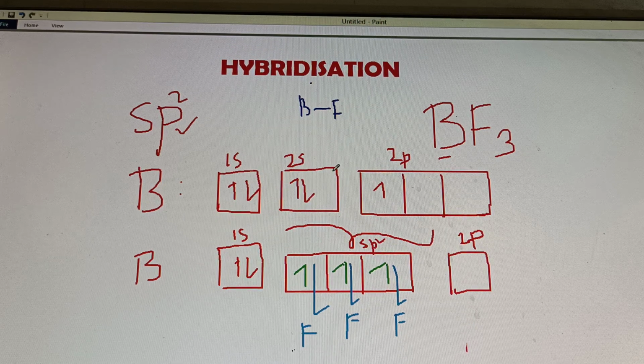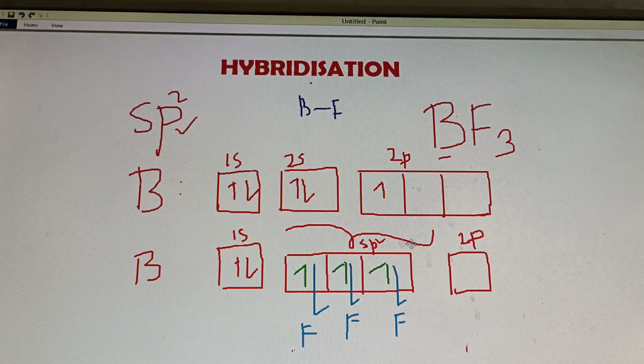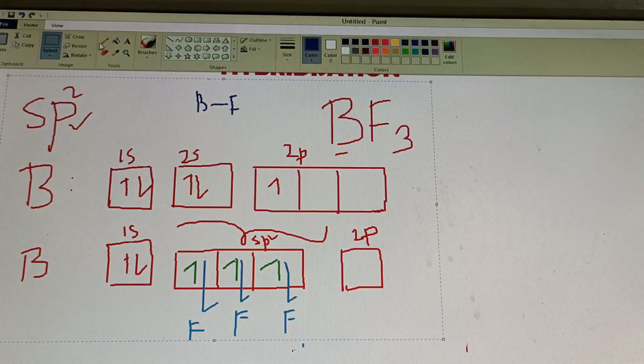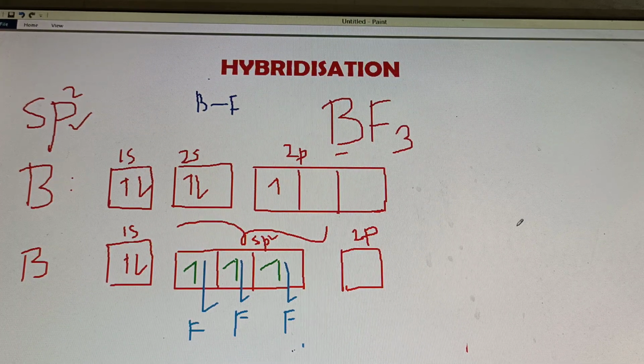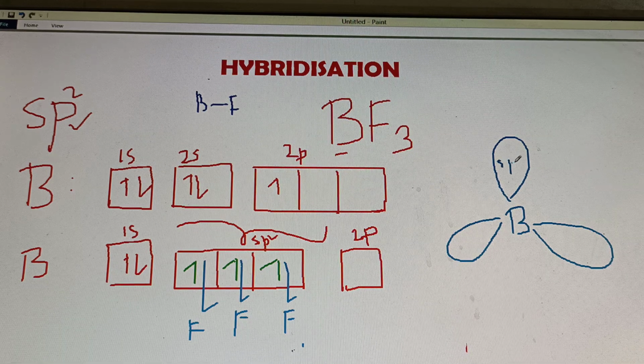Now how are these sp2 hybrid orbitals directed in space? They are directed in space like trigonal planar. So B this way, and this way. That is trigonal planar: sp2, sp2, sp2.